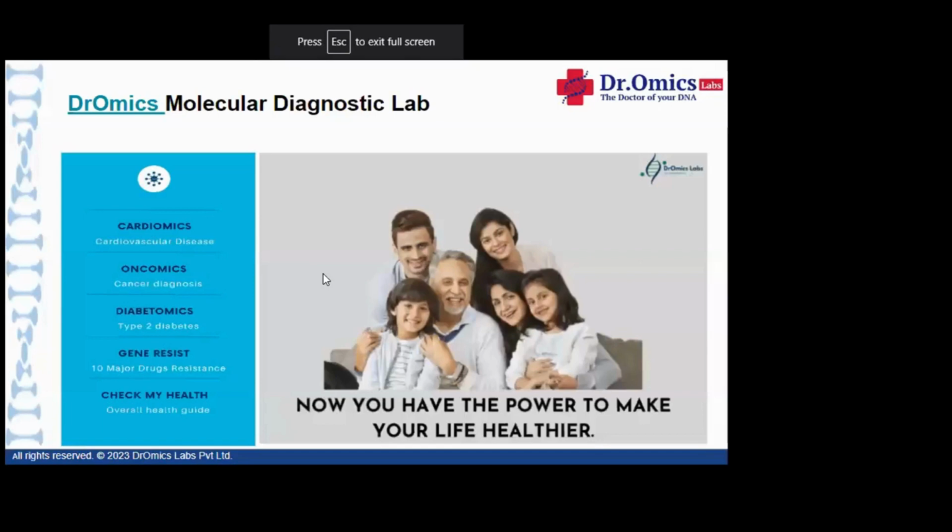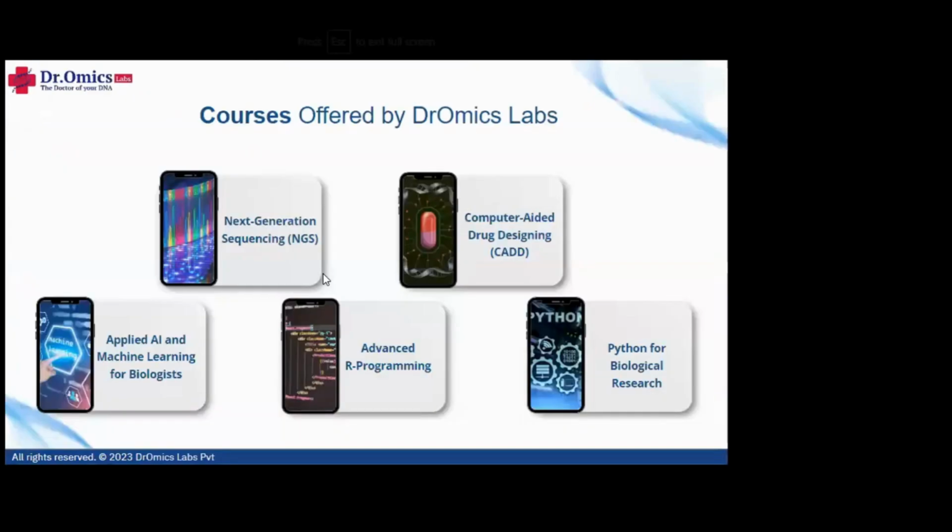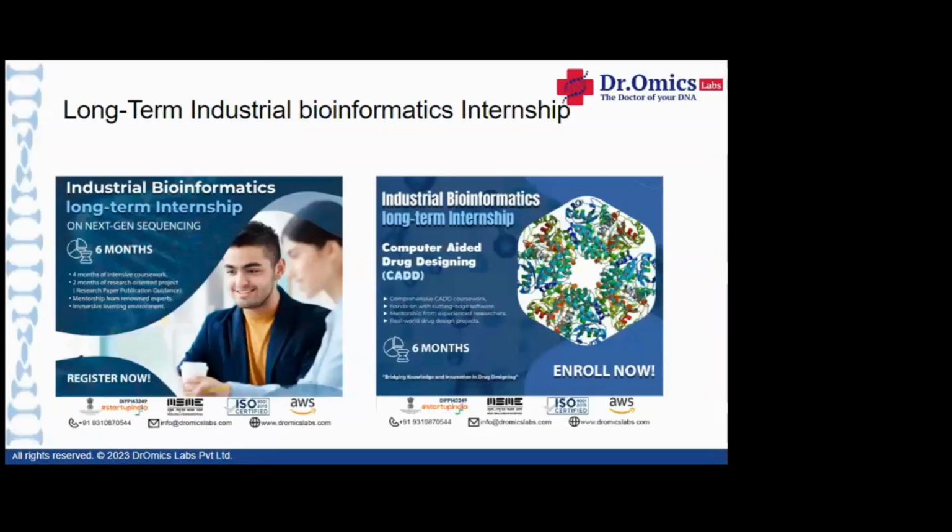So regarding vertical 2, we are providing 5 types of courses: next generation sequencing, computer aided drug designing, AI ML, advanced R programming, and Python. Every month, we come up with a standard 6-month long-term industrial bioinformatics internship. Tomorrow, we will be introducing you to an industrial bioinformatics-based 6-month course focusing on computer-aided drug designing.